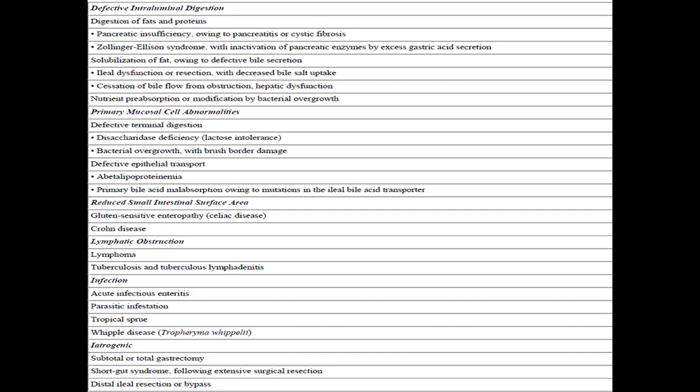Then defective epithelial transport, that may be due to abetalipoproteinemia, or primary bile acid malabsorption due to mutations in the ileal bile acid transporter. And the third mechanism is reduced small intestinal surface area.